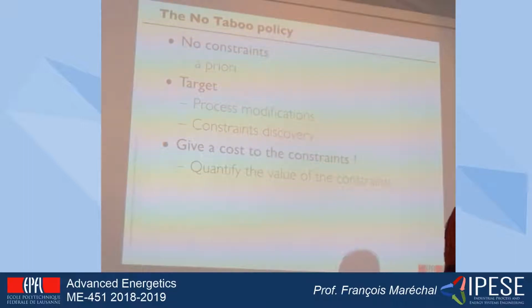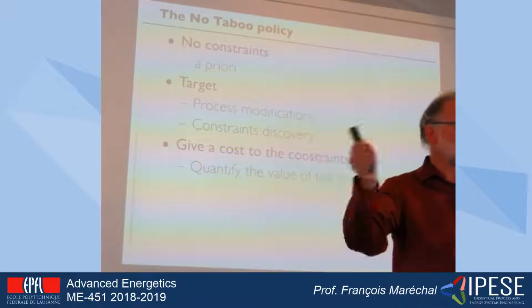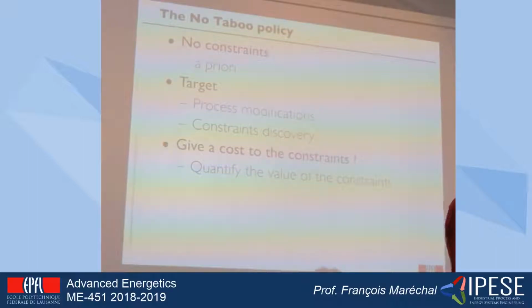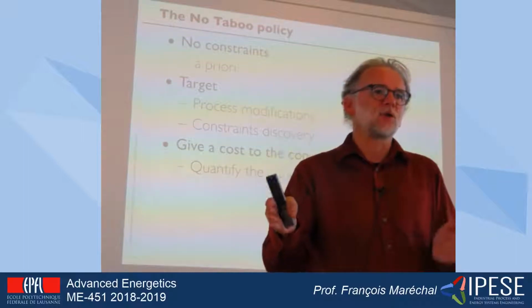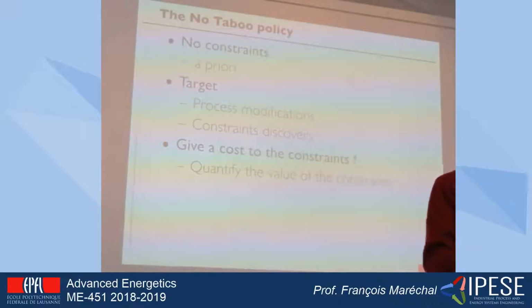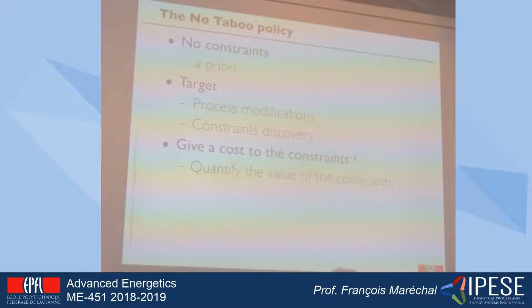And then if someone says, okay, but this stream that needs to reach 30 degrees C, I need to do it with natural gas, then we will say, okay, it's not a problem, but I can show you the difference between the solution without these constraints and the solution with the constraint. And there will be a cost difference between the two. And then you will say, okay, if you accept to pay so much to impose these constraints, then no problem, we accept it.